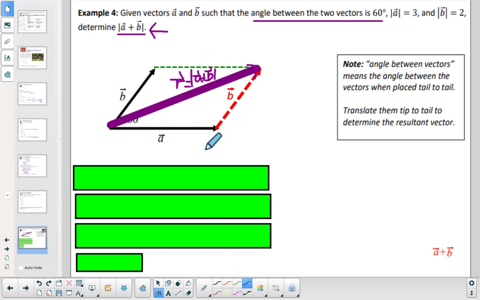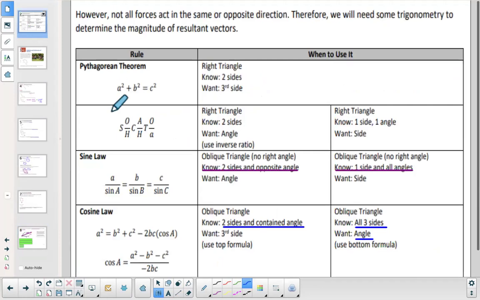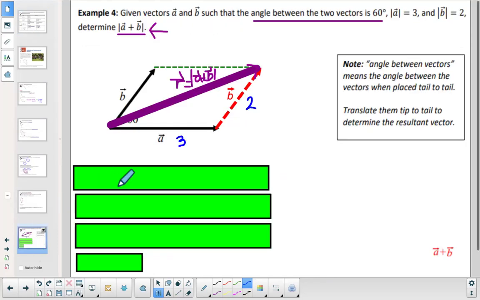I know the magnitude of A is 3 and the magnitude of B is 2, right? So I have two side lengths. If I go back to my trig formulas, I have two side lengths, and if I know the contained angle, that tells me that I can use cosine law.